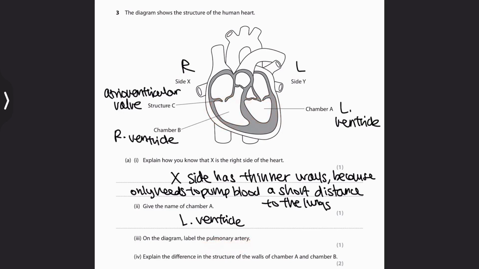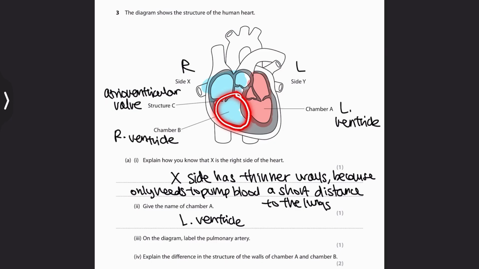If you remember, the right side of the heart, which is this side, is deoxygenated blood, right? And then the left side is oxygenated blood. So based on that, think more. Is it going to be the left or right that pumps blood to the lungs to drop off the deoxygenated blood? It's got to be the right side that pumps blood to the lungs.